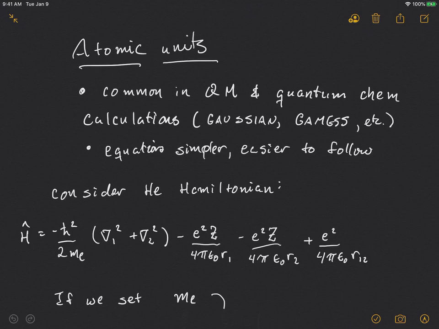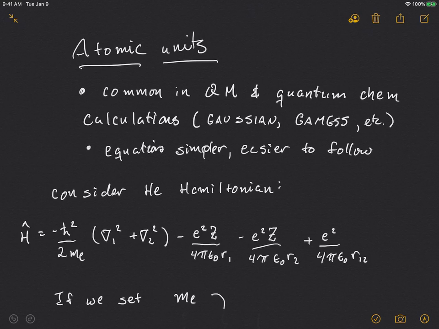So for an example, let's take a look at the Hamiltonian for helium. Helium has 2 electrons and one nucleus with a charge of 2.